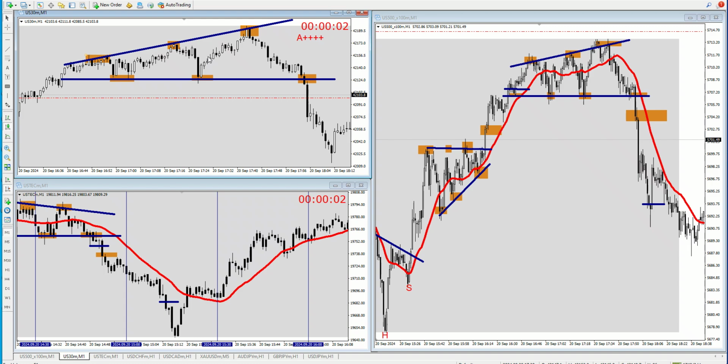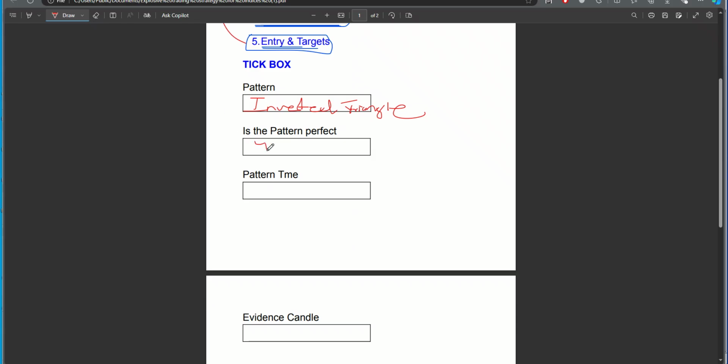So this pattern, is it perfect? Yes. Why? 3 touches up and 3 touches down. Even if this one is a breakout, it doesn't matter anyway. I hope you got the understanding.